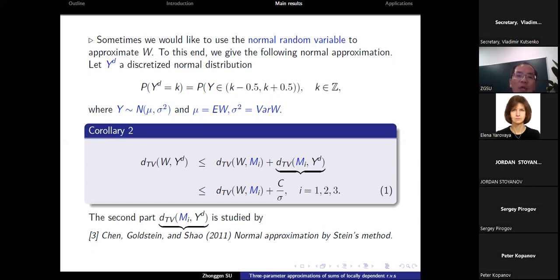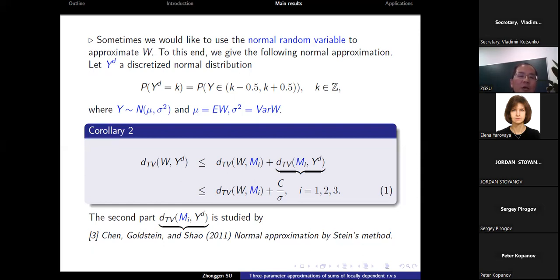The probability that Y_D equals k is equal to the probability of a normal random variable in the interval.